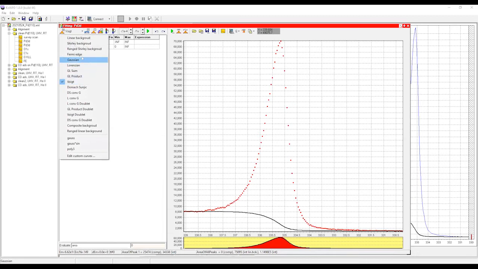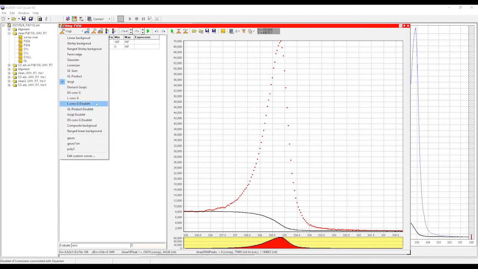That's right. And then you have plenty of functions you can use. If you have a single peak, like for example for the core level spectra, you use a combination of Gaussian and Lorentzian. The Doniach-Sunjic that you mentioned is an asymmetrical peak, convolved with a Gaussian, and then different combinations.